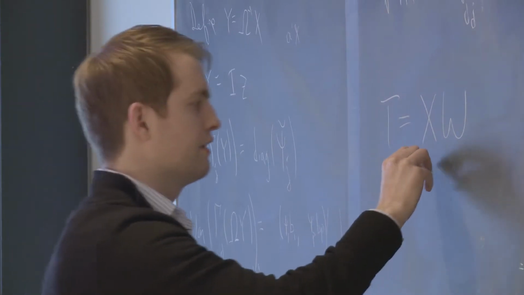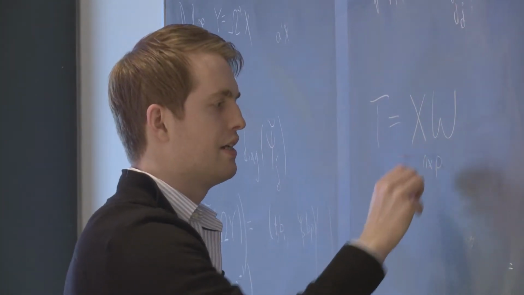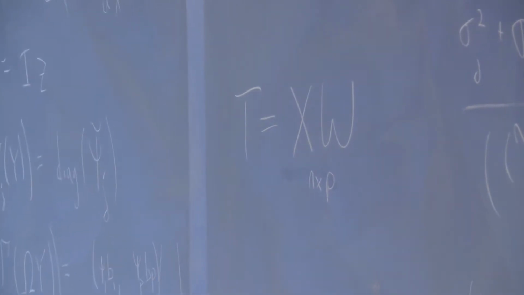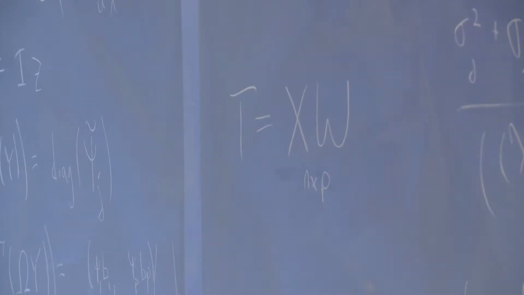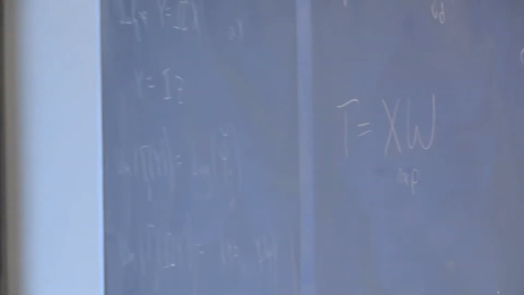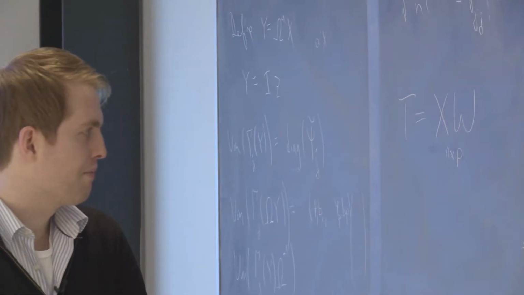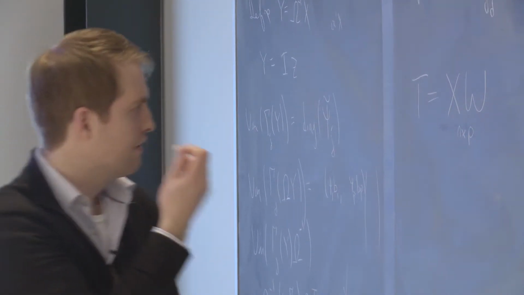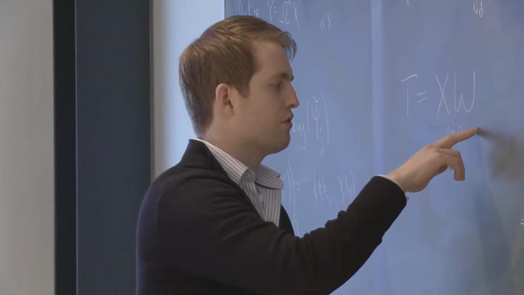So it's n times p. Here p is 237,000, all the wavelengths, and we only have 25 data points. We don't really want to express each data point in terms of 237,000 dimensions.